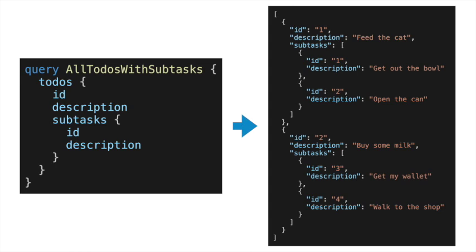And that's kind of the beauty of GraphQL in a nutshell. Once you've specified resolver functions for fields, you can write queries that request those fields in whatever way you see fit, and the server will be able to satisfy those requests for you.